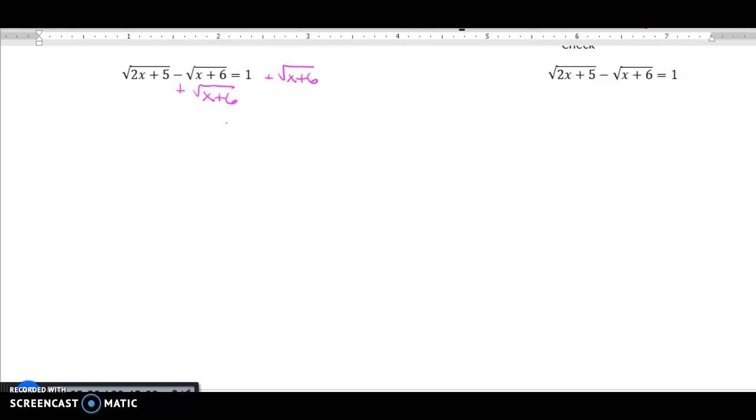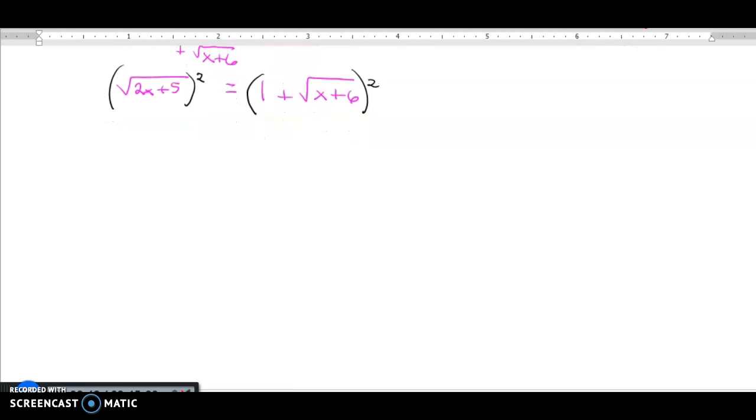So on the left side of the equal sign, I have the square root of 2x plus 5 isolated equals 1 plus the square root of x plus 6. Looking good so far. To cancel out square rooting, I square, but what I do to one side, I've got to do to the opposite side.